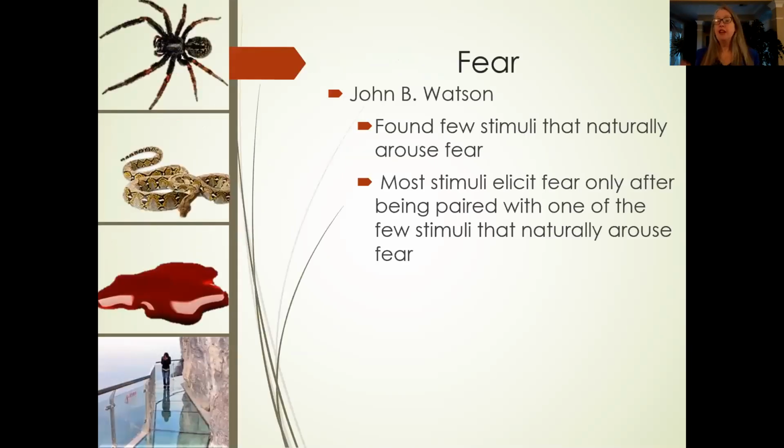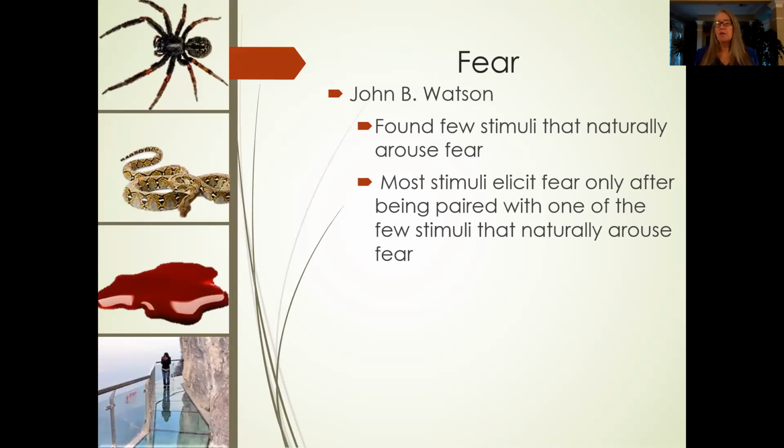Okay, so fear is one of the emotions that's really easy to classically condition. Now, right around the time classical conditioning is coming out and Pavlov's learning all this stuff, people sort of thought that humans and animals were innately born with a whole bunch of different fears, that we were innately afraid of spiders, innately afraid of snakes, innately afraid of blood, innately afraid of heights.